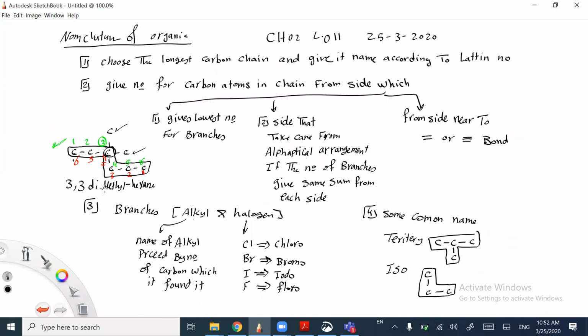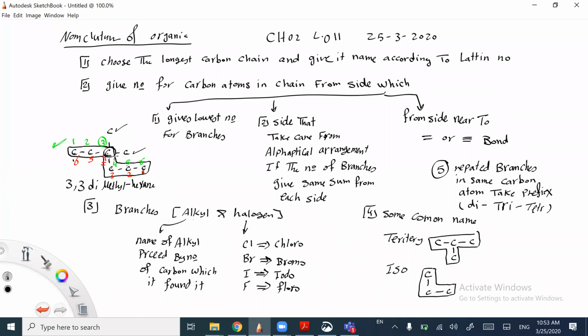So we can add rule number 5: repeated branches on the same carbon atom take the prefix di, tri, tetra.